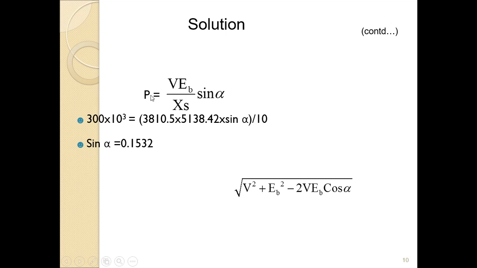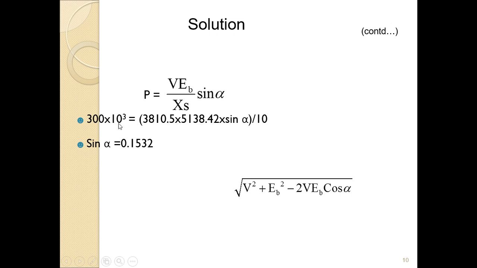Already we converted: P is 3000 kilowatts, that is 3000 into 10 to the power of 3, equal to voltage 3810 into EB 5138.42 into sine alpha, divided by 10.